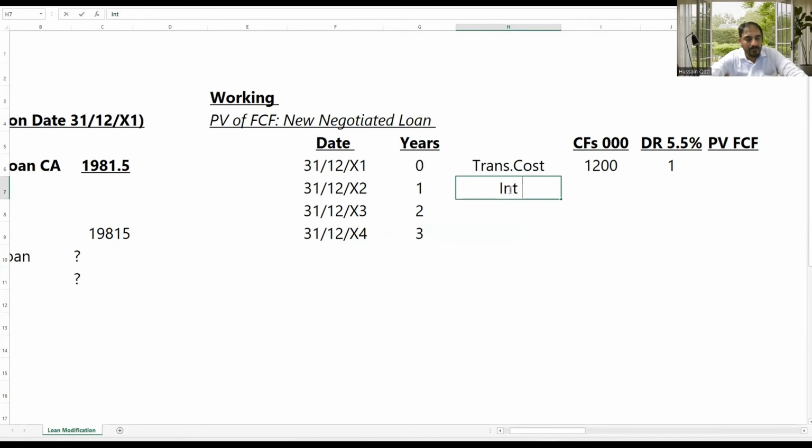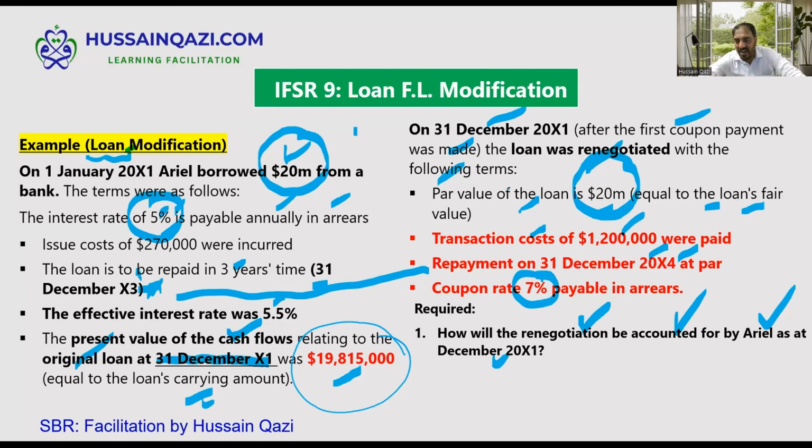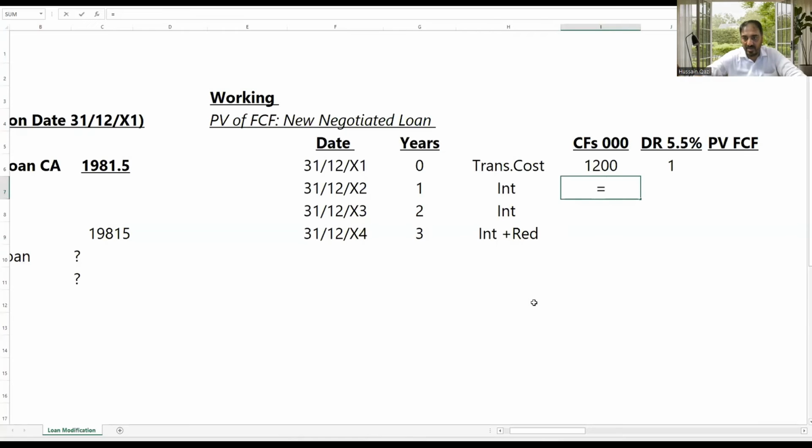Then interest plus redemption. So how much is the interest with the revised method? That is 7%. 7% of 20 million is 1400, plus 20,000.